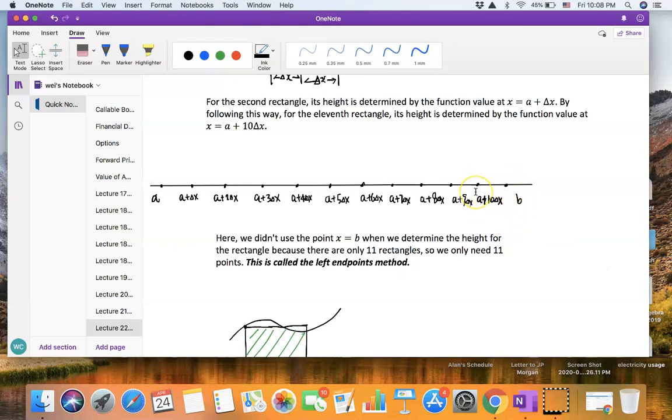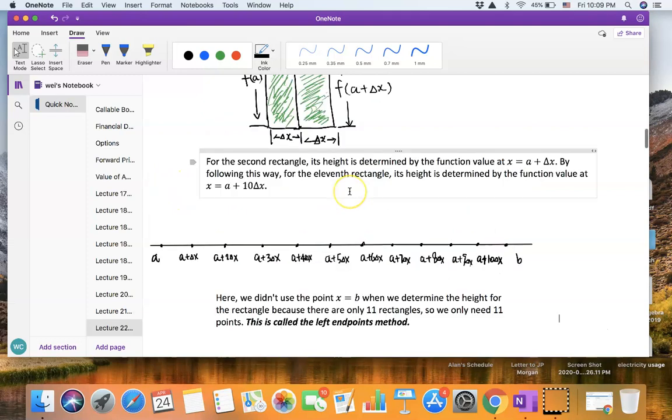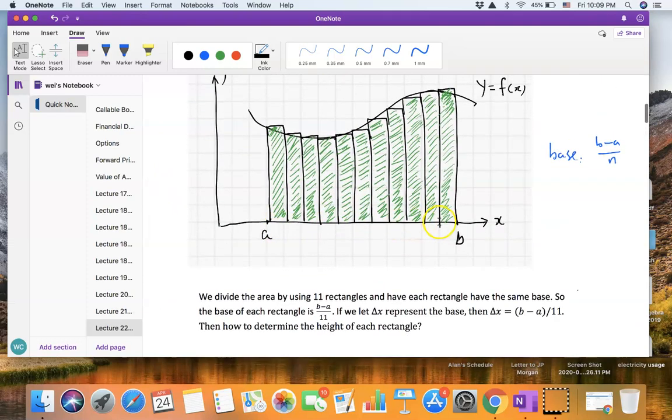And if the height of the rectangle is determined by using this method, by using the left endpoint of each interval, here we have 11 intervals, right?